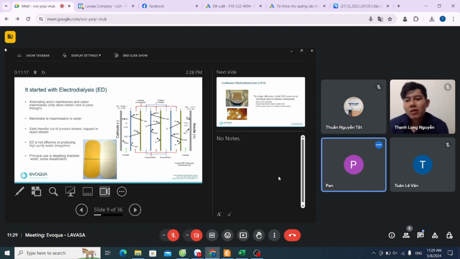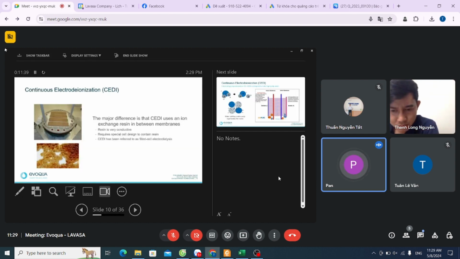How the current flows through the module depends on the ions that carry the current. But if the water is very clean, like DI water, then there is a lot of resistance. There's nothing to carry the current through. So in the EDI module, we put in resin.